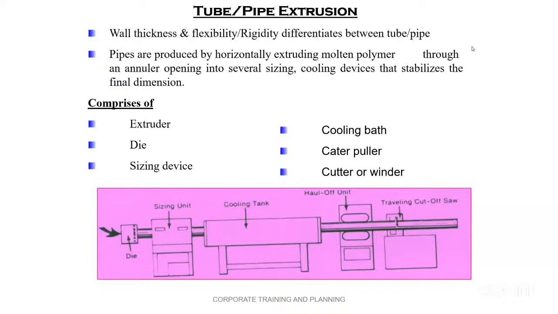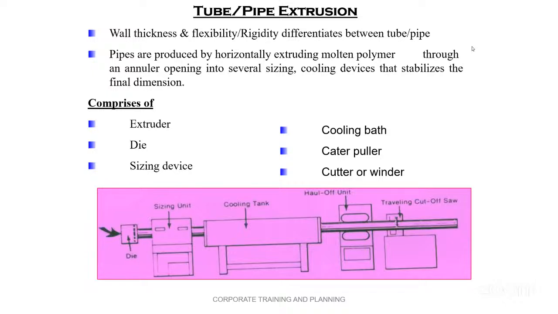Friend, the wall thickness, flexibility and rigidity differentiate between the tube and pipe. I told you already, there is one definition. Always keep in mind that 12 mm is the limit for the pipe. Generally, pipes are produced horizontally.